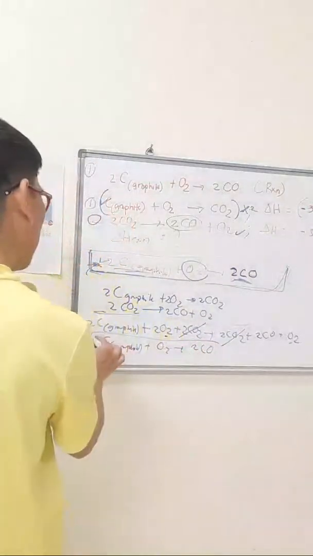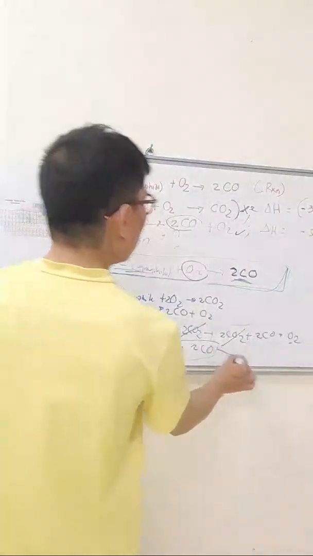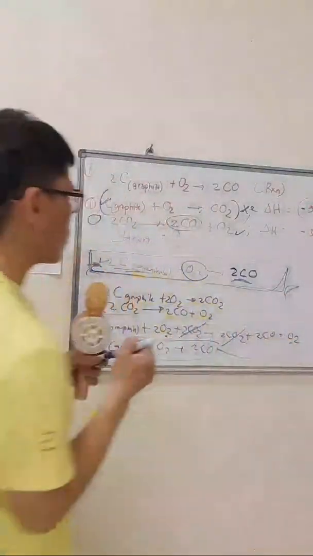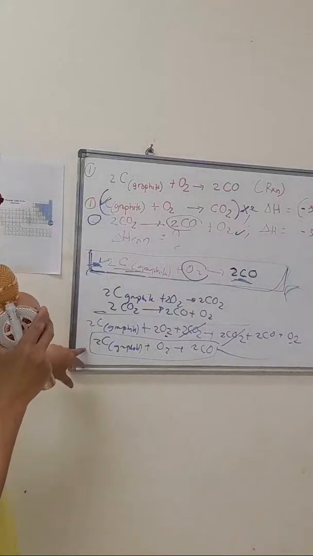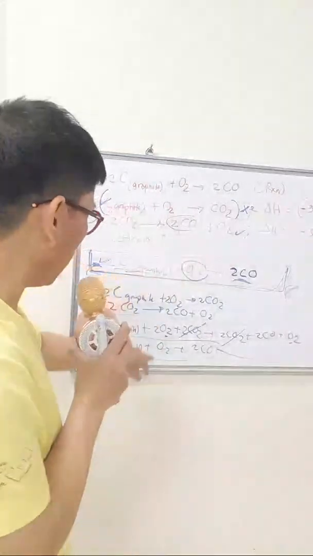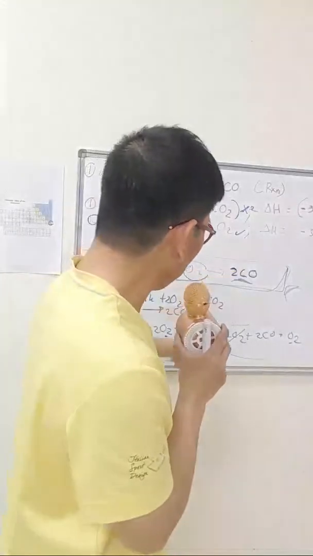Compare your answer to see if it has the same equation as your overall reaction. 2 carbon graphite, the same; 1 mole of oxygen gas, the same; and 2 moles of CO, the same.